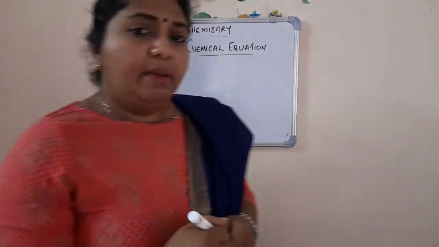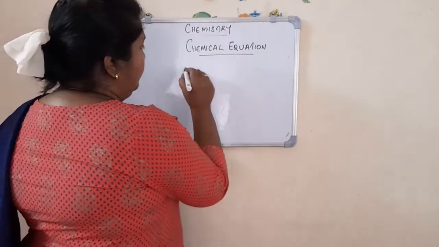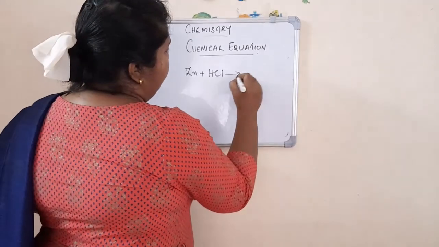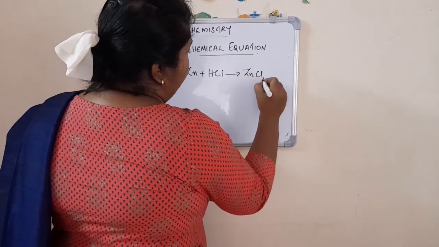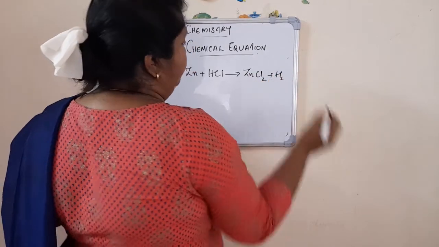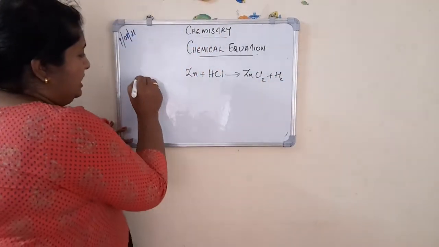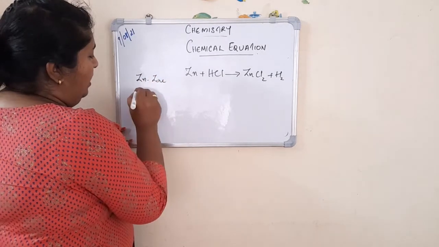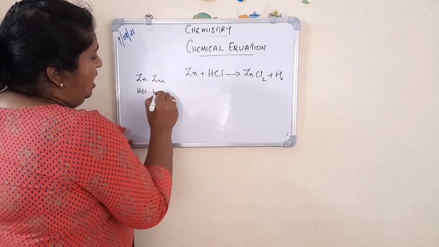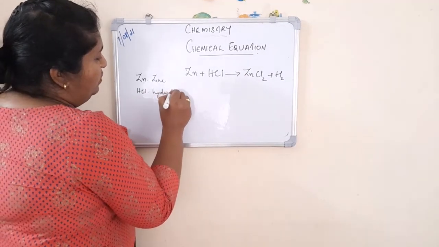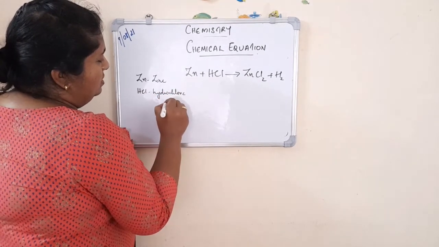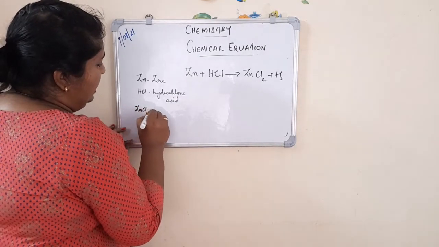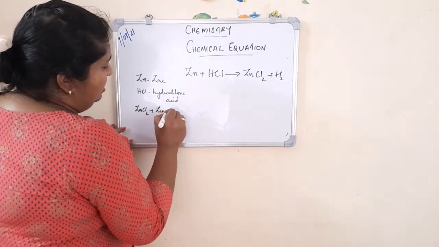For example, I am writing an equation here. Zn plus HCl gives ZnCl2 plus H2. Here Zn is zinc, HCl is hydrochloric acid, and ZnCl2 is zinc chloride.